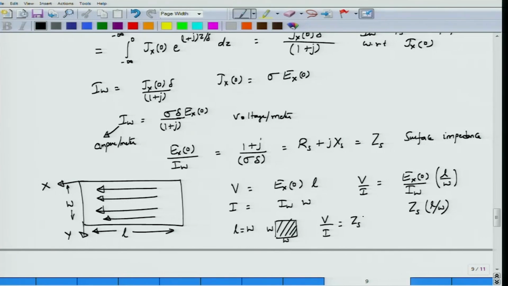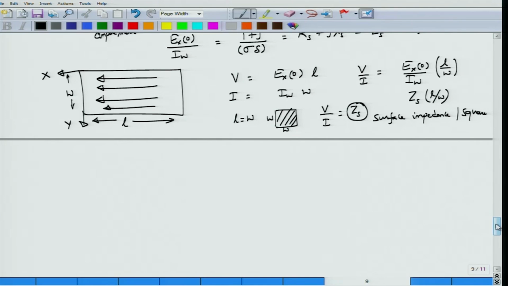Because of this reason, Zs is called the surface impedance per square, because when L is equal to W, the ratio of V by I, Zs, which is in ohms, will be numerically equal to the ratio of V by I, and this happens only when you have created a square. Therefore, if you call Zs the impedance per square, or Rs the resistance per square and Xs the reactance per square, then multiplying by the number of squares you are going to get the total impedance. So this is what we wanted to write.